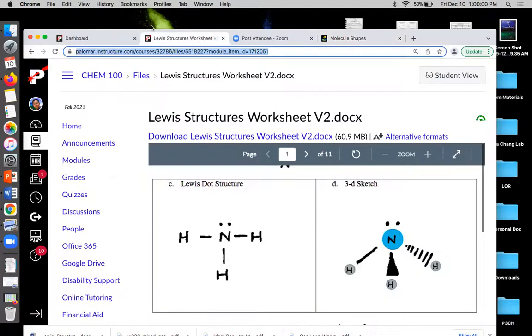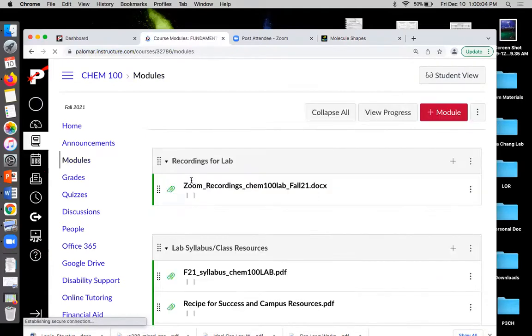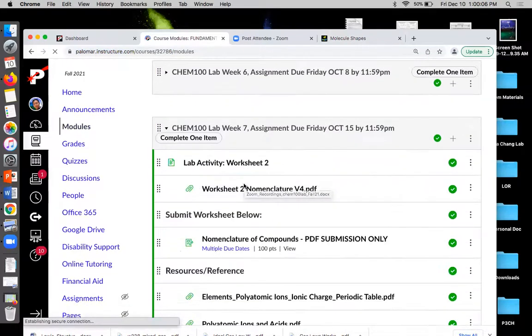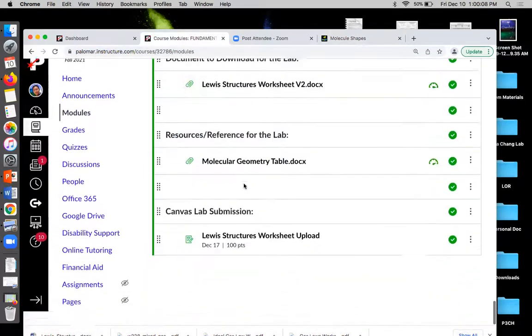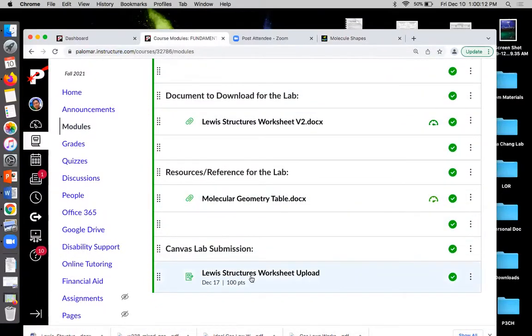Right. And so once again, when you guys are submitting your last lab, scroll all the way down. It says Lewis structure worksheet upload. You guys can upload as many documents as you need.